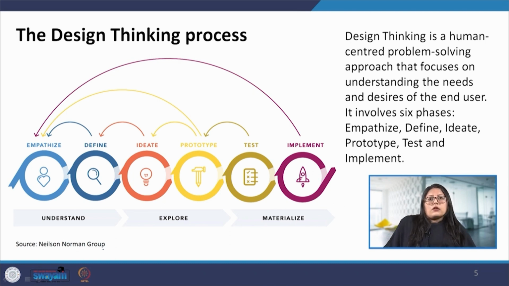Now, since design thinking is an out of the box approach, some steps may not be very linear. At certain times one may have to go back and forth to actually come up with the final solution.